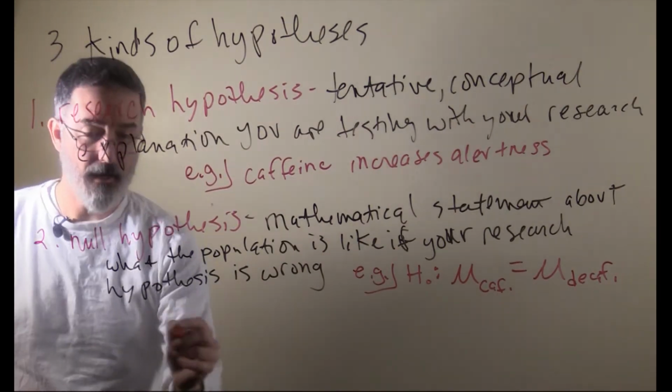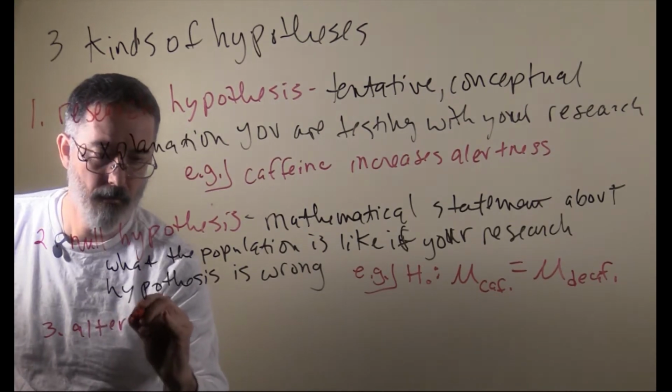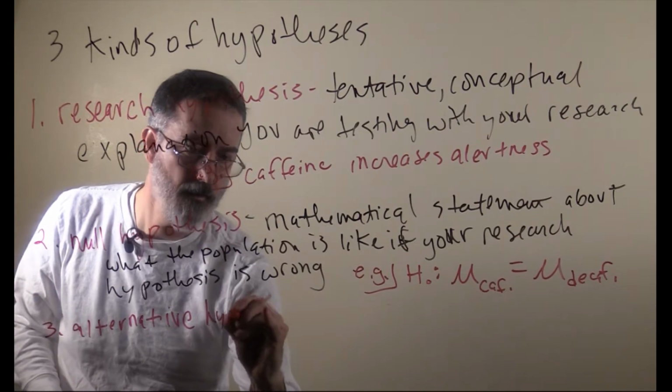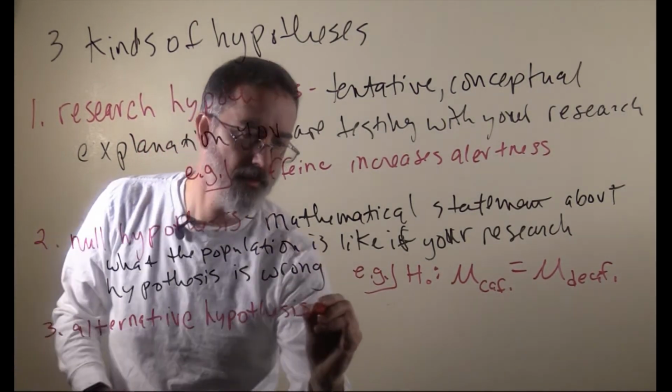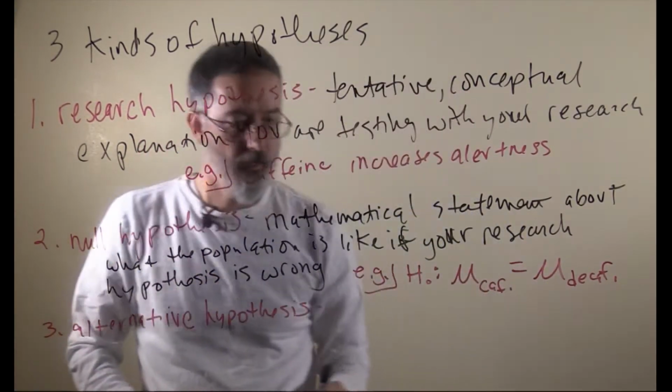And the third kind of hypothesis is called the alternative hypothesis. And this is like the null hypothesis, but it's the complement of it.